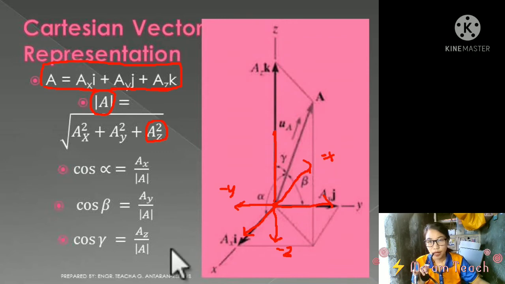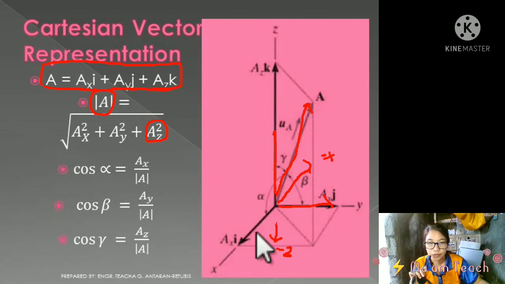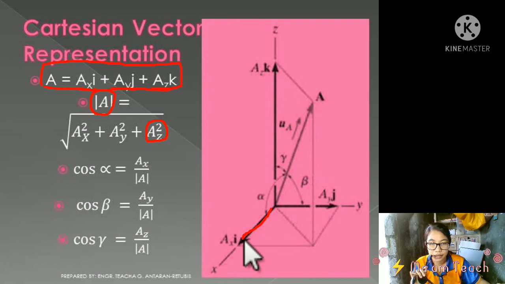Once you get the magnitude, this is how it will look. This is the location of the magnitude of your force, or it could be your vector A. So you simply trace, let us first delete this one. Let's say this is your x component, so all you have to do is trace it here.